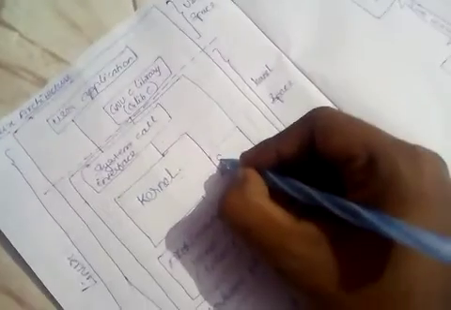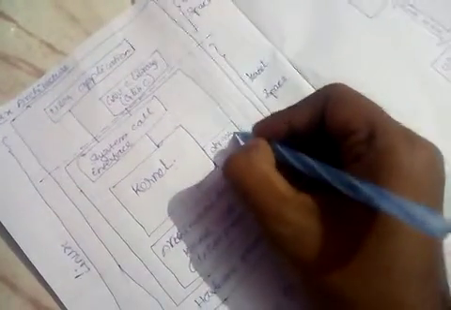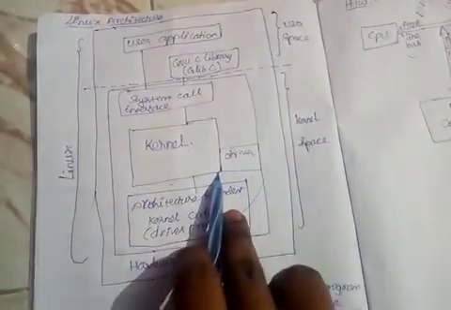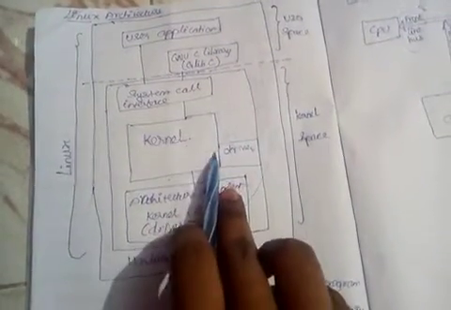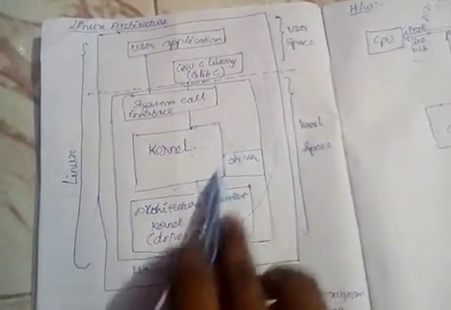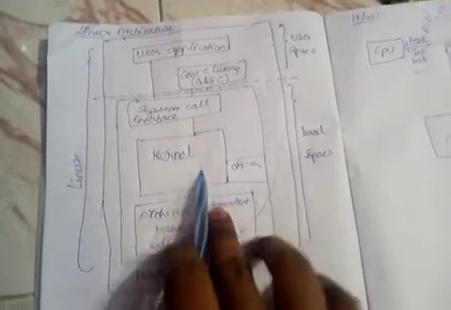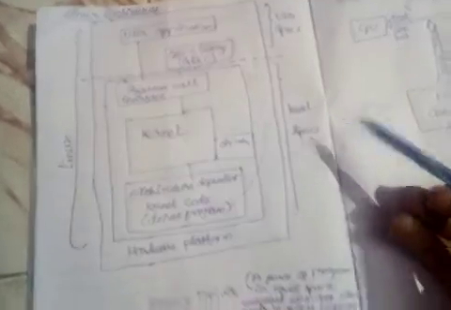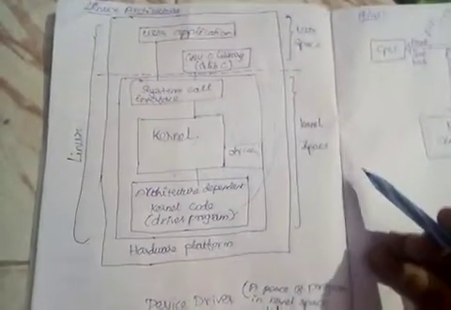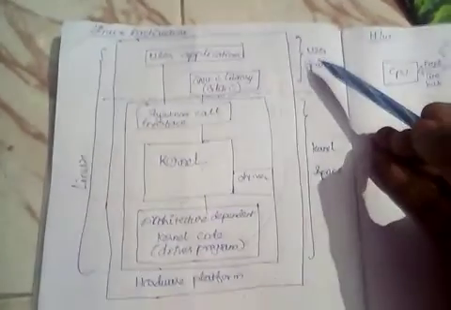This is the place where a driver exists. It is placed on the surface of the kernel, not completely merged with it. Let's see how hardware is accessed from user space through the OS via the kernel.